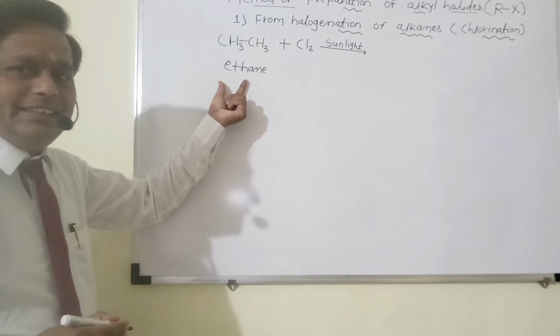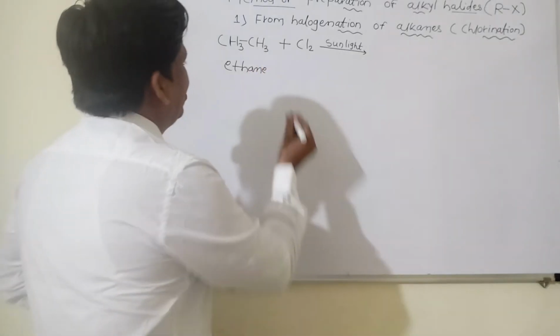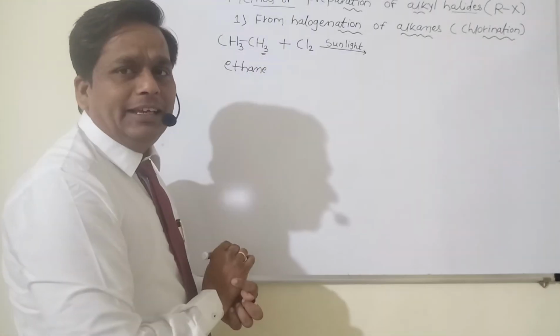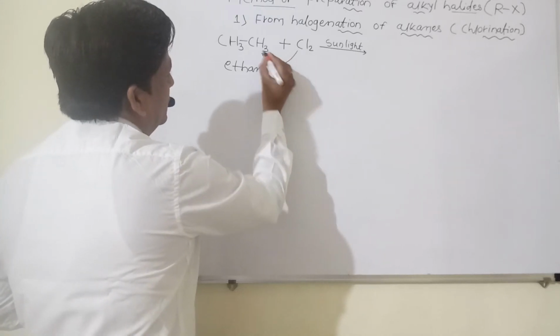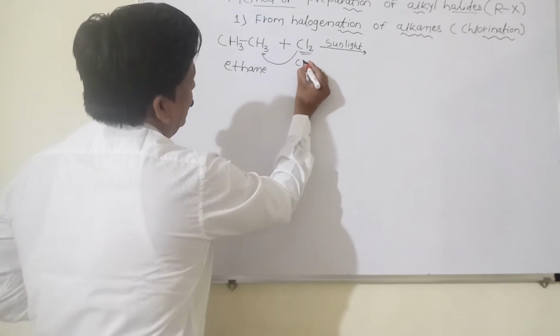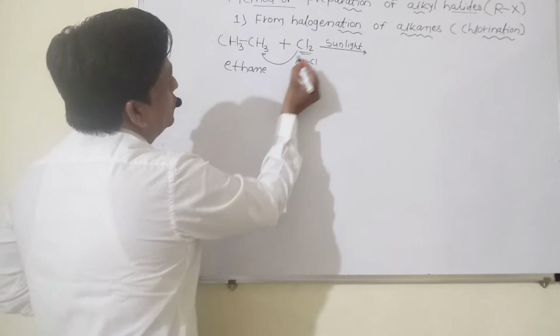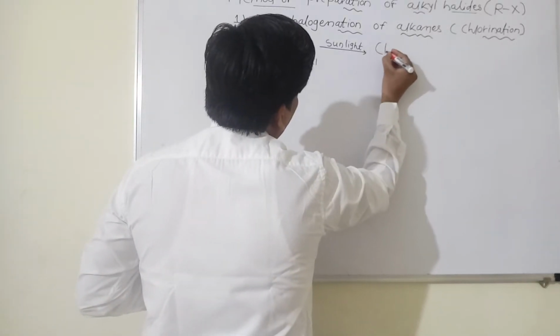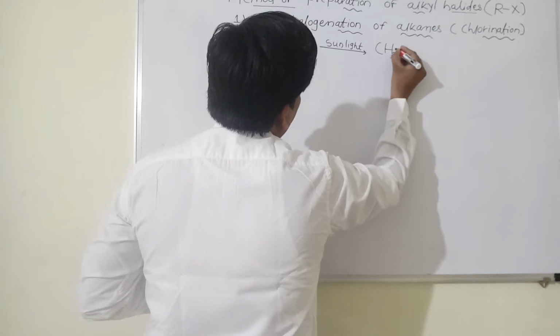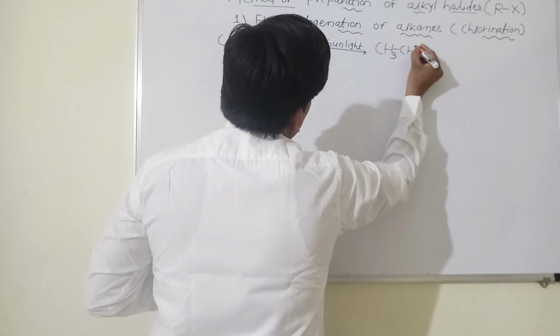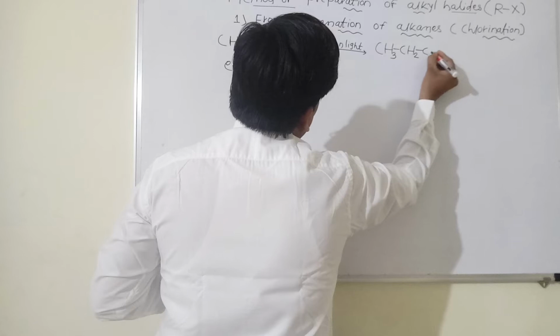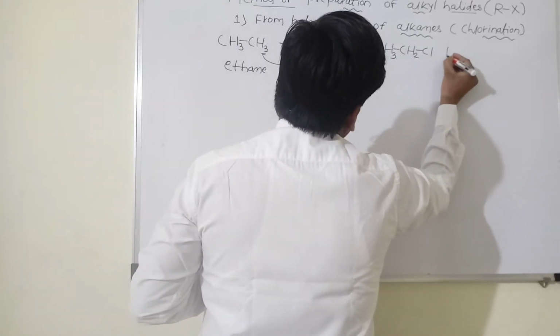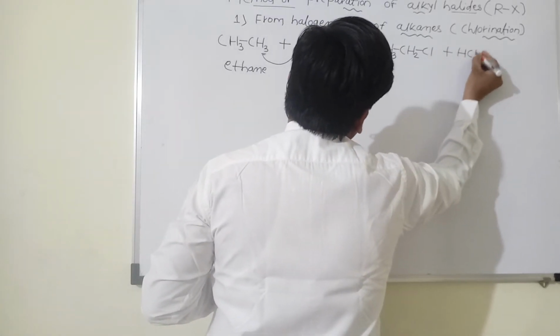From this ethane, one hydrogen atom is replaced by the chlorine group. Cl2 means Cl single bond Cl. From this Cl2 one chlorine is substituted here, and simply we get CH3 single bond CH2Cl, and hydrochloric acid is removed as the byproduct.